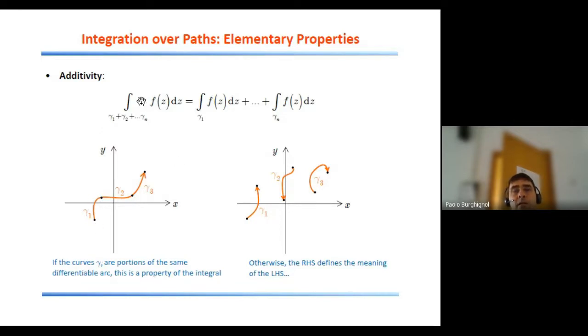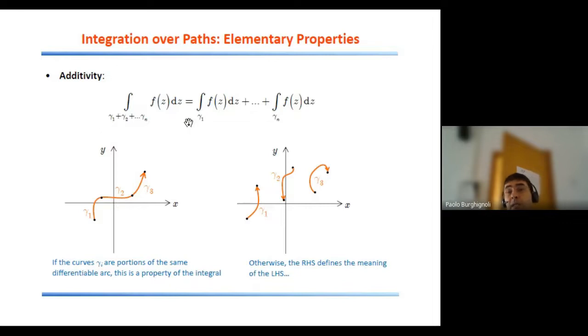Now, the integral along the entire arc, so gamma 1 plus gamma 2 plus etc., up to gamma n, is by definition the sum of the integrals along the arcs. Well, actually, this is not a definition. This is a consequence of the definition of integral if the situation is as in the left complex plane. That's because of the additivity of the standard Riemann integral.